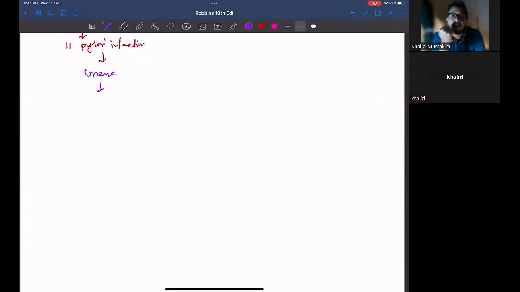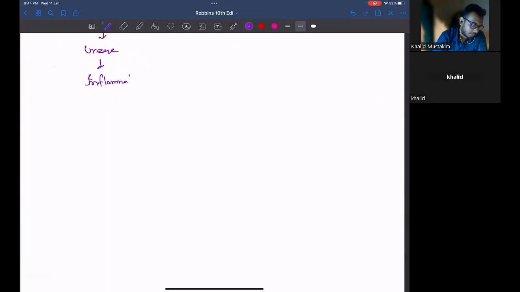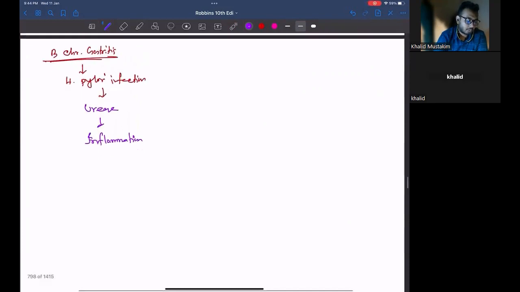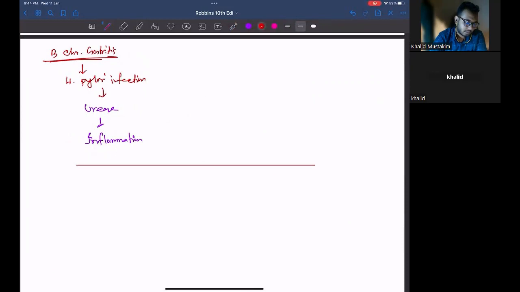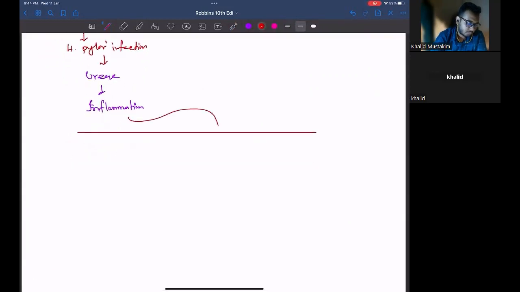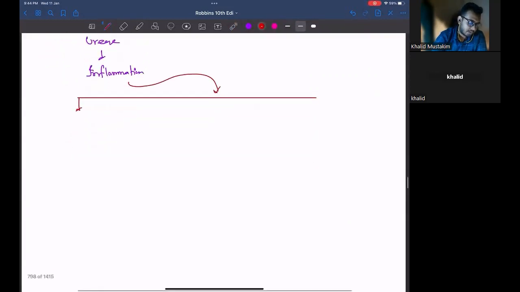That is CagA and VacA. Those toxic metabolites ultimately cause inflammation. And it is not the end. When inflammation is occurring there, obviously the patient will develop gastritis, but this inflammation leads to 3 things, or 3 consequences.